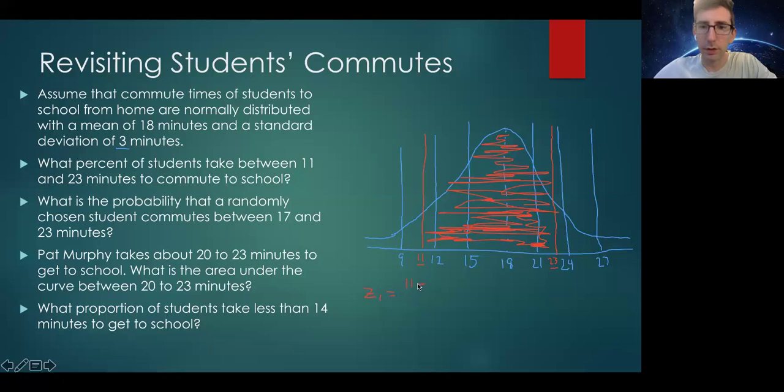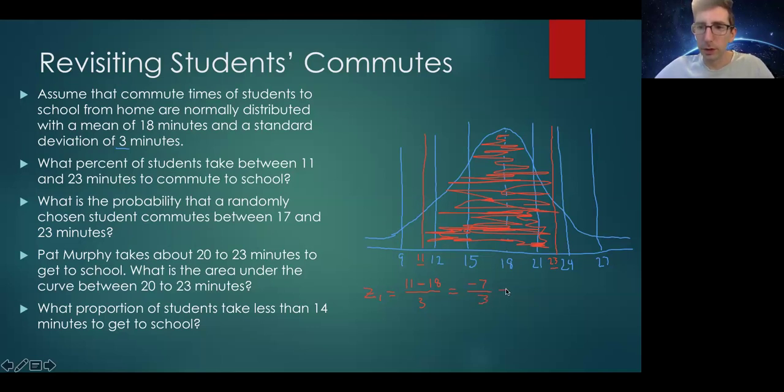We'll take 11 and subtract it from our population mean, which is 18. And then we divide that by our population standard deviation, which is 3. So 11 minus 18 is -7, because 11 is smaller than 18, and that negative is going to be very important for us.